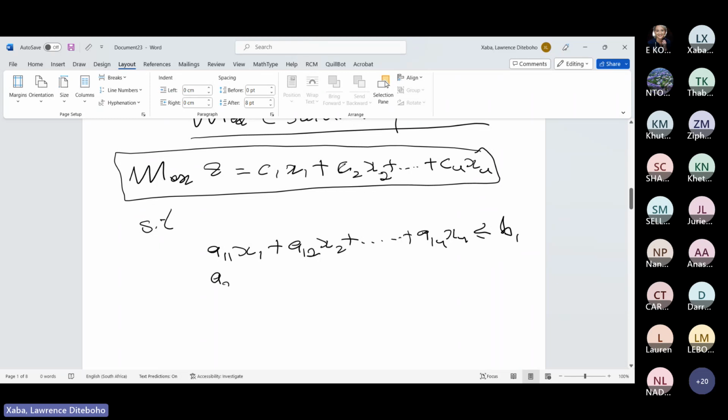Then we have the second one, which is A21 X1 plus A22 X2 plus A2n Xn equals B2.